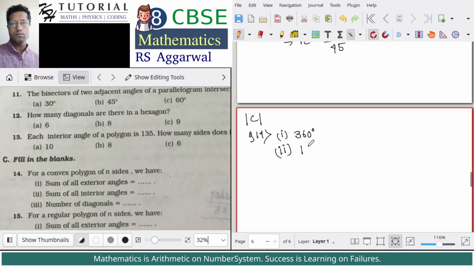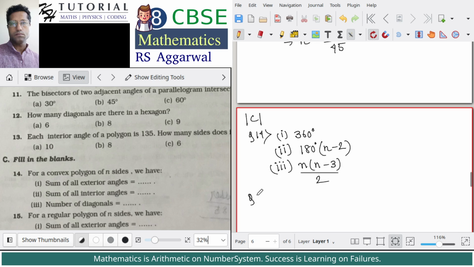Sum of all interior angles will be 180 degrees multiplied by n minus 2, where n is the number of sides of the polygon. Number 3 is number of diagonals. The number of diagonals is n into n minus 3 divided by 2.